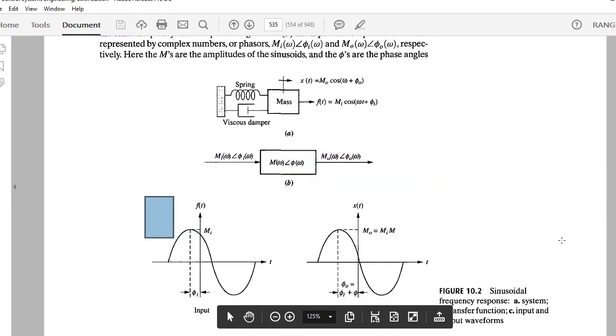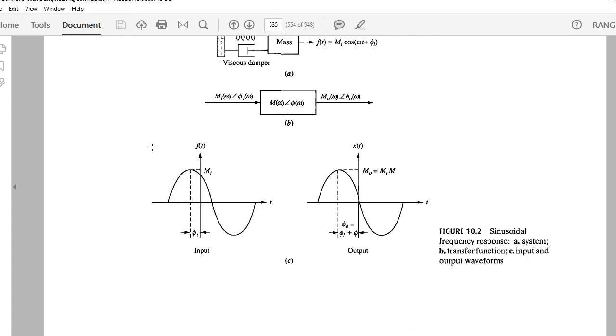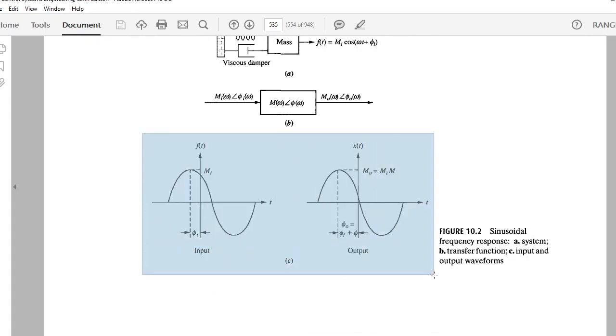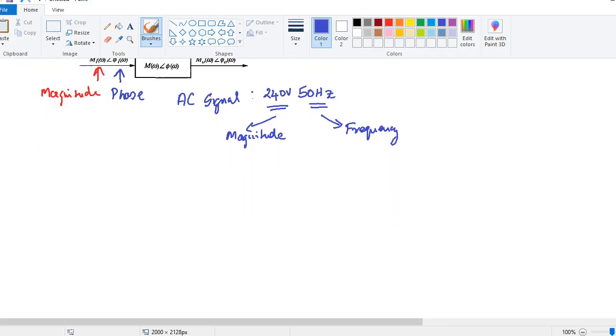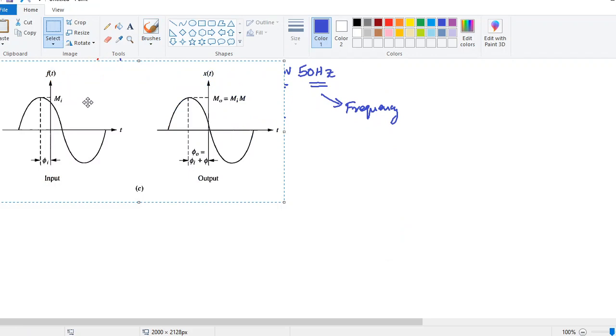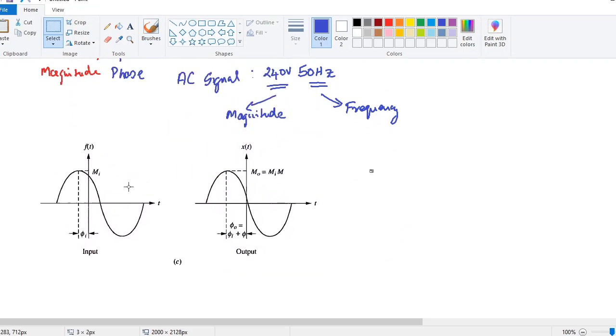So let's have a look. You can see that here they have taken a specific system and they have put it through this input. So here you have this one, this is your input, and this input has been applied to a system, right? So you have your system here, and when you apply it to the system you get this output.